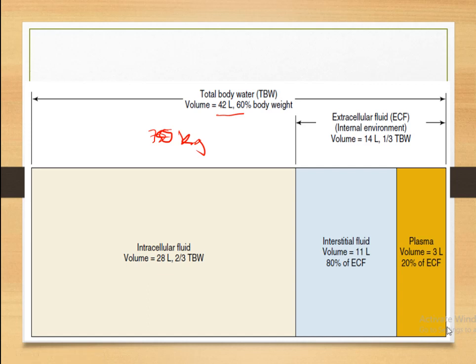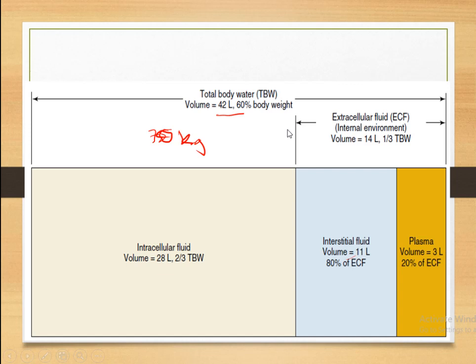Then the other thing we can talk about is the extracellular fluid. When you talk of the total body water, we are including both intracellular and extracellular, the water within the cell and outside the cell.